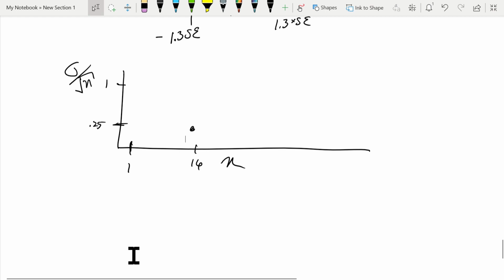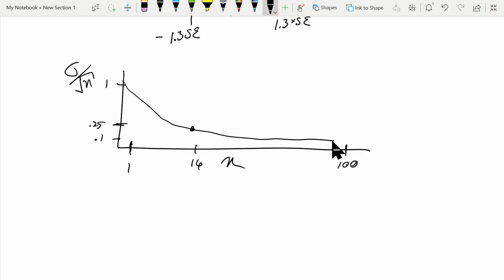What if I have a sample of size 100? What's 1 over the square root of 100? Square root of 100 is 10. That's out here. This is 0.1. This is what the sample size gain looks like. If I do twice as many samples, I don't get twice the gain, because as I collect samples, the value goes down by the square root, not by the divisor. As I do this, I get less and less gain with each additional sample. What happens to the cost?